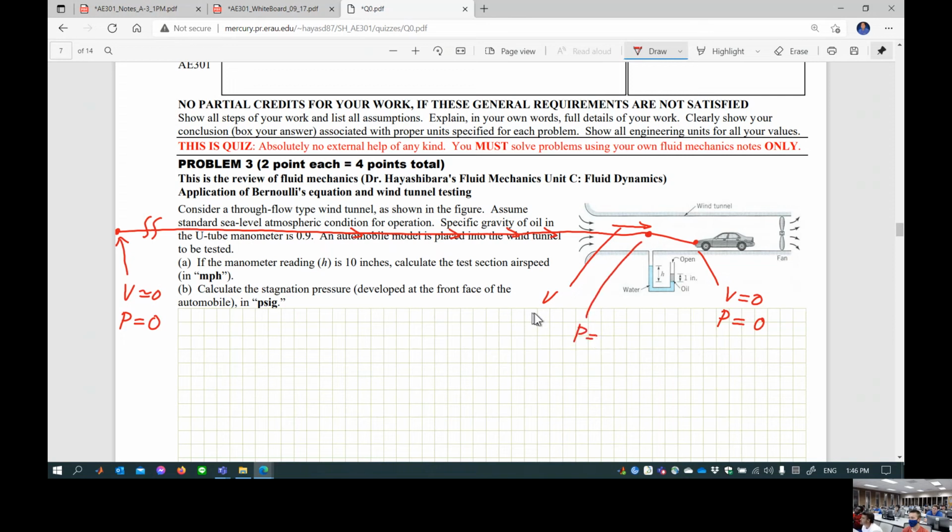If it's the same streamline, is it 0? Wouldn't it be negative dynamic pressure? Negative dynamic pressure? Is that what you're saying? Cool.